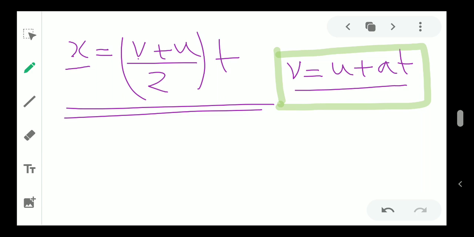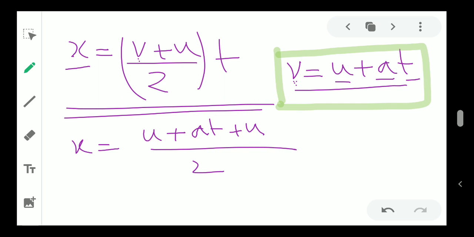You have to calculate. So my v is unknown here, and I want to exchange v with these known factors. So instead of v, if I put here this value, I will have u plus at plus u, divided by 2, into t.